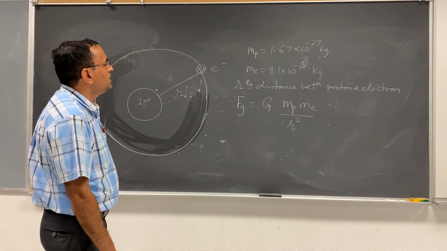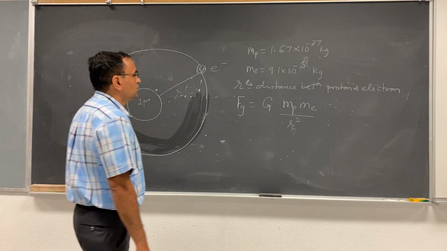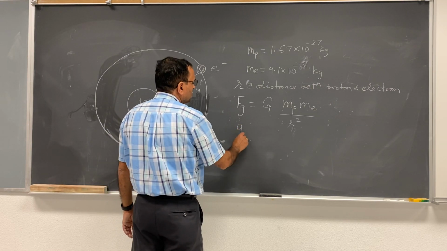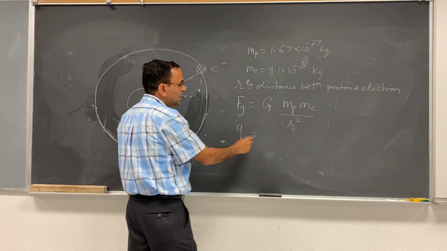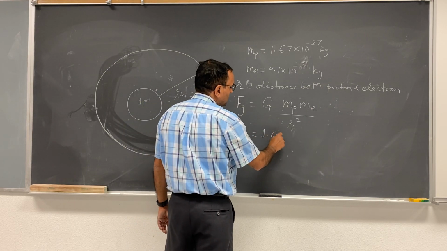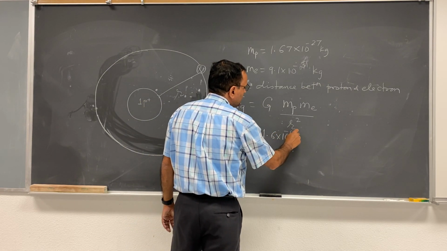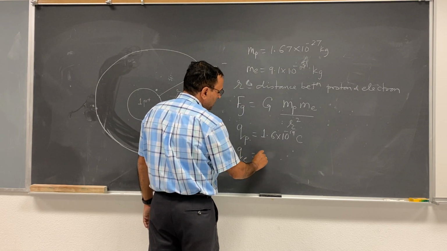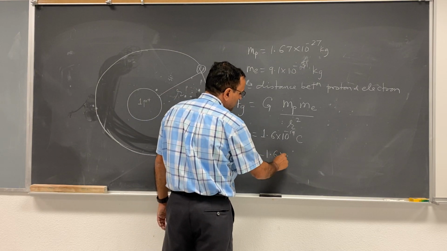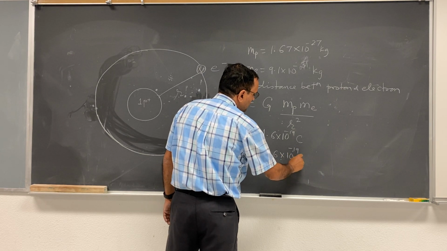And how do you calculate the electrostatic force? To calculate the electrostatic force, you need the charge of the proton, QP, that is 1.6 times 10 to the power negative 19 coulomb. Electron is again the same, negative 1.6, the magnitude is the same, 10 to the power negative 19 coulomb.